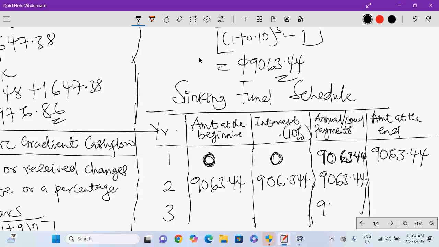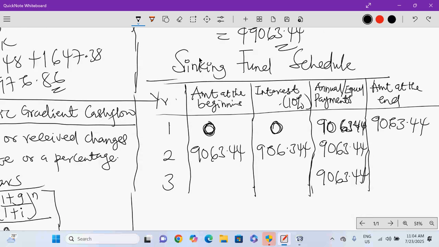Then third year, write it 9063.44, because that is the equal amount that you'll be paying. So it is equal. So if it's 1 to 10, you write it to 10, right? But that is the equal amount that you are paying.